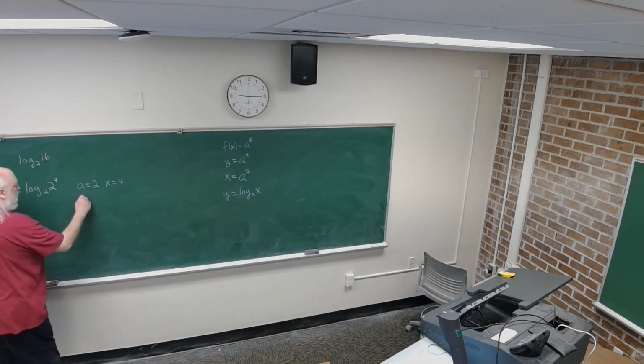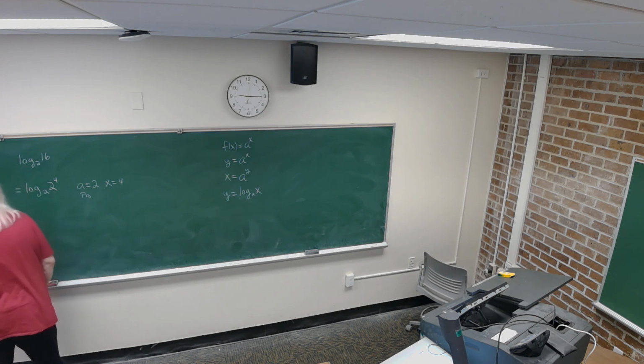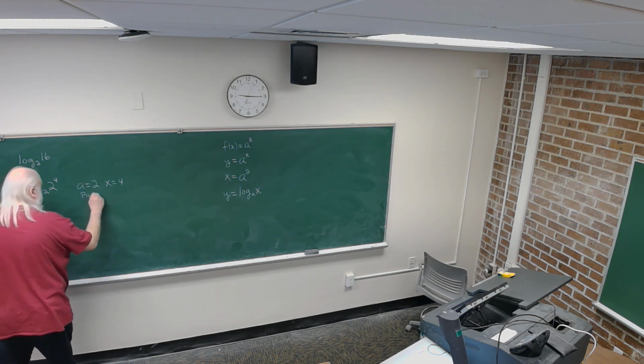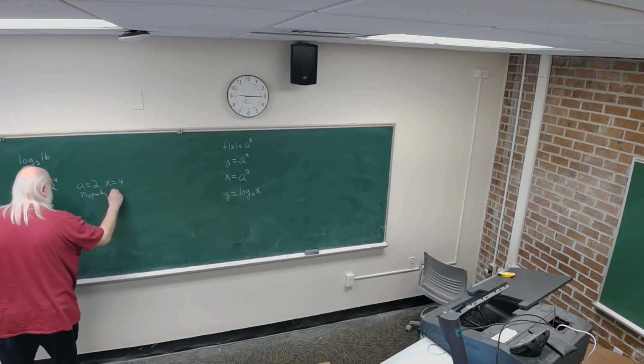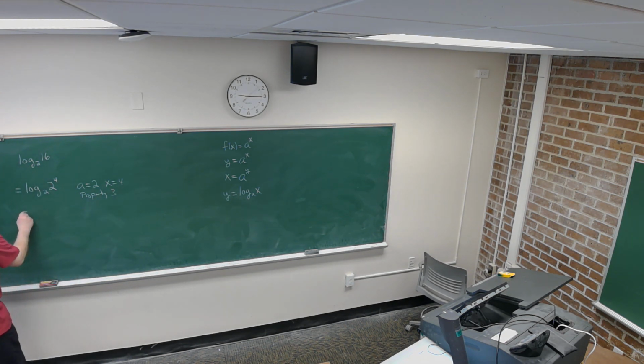Property 3. So according to property 3, this is just equal to 4. And what I had written on the board, 2 to the y is equal to 16. Y is equal to 4.